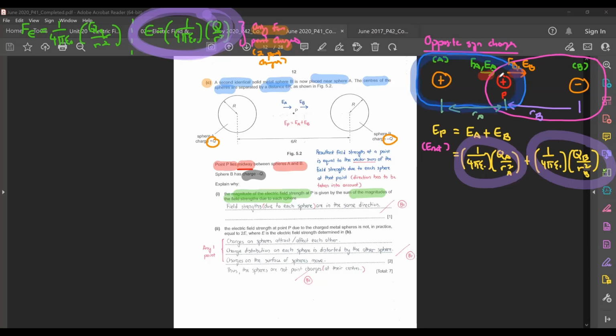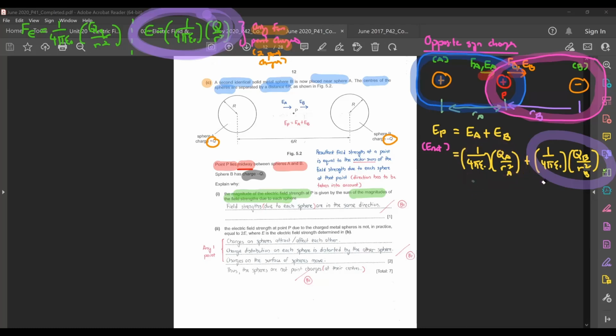This one is namely sphere A and your test charge. So you can use E equals 1 over 4 pi epsilon naught Q over R squared. And then you look at the other part of your diagram, this is also another pair of point charges. So you therefore can use E equals 1 over 4 pi epsilon naught Q over R squared. Okay, so your 2-point charges here is usually the main charge and your test charge. That's why I can use EA plus EB here and expand it to what you see here.